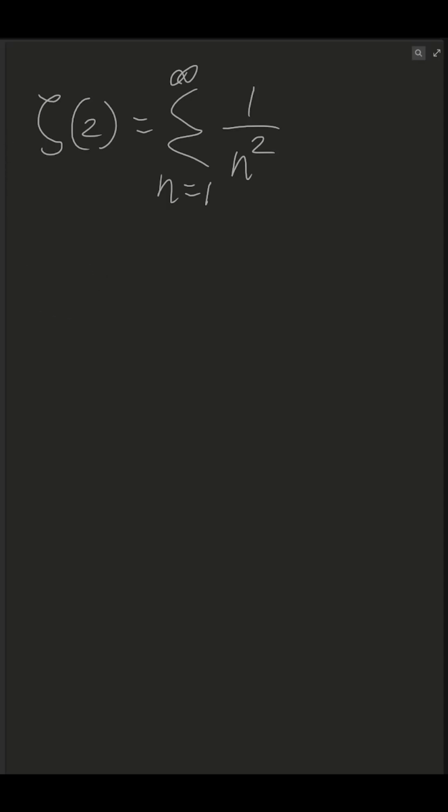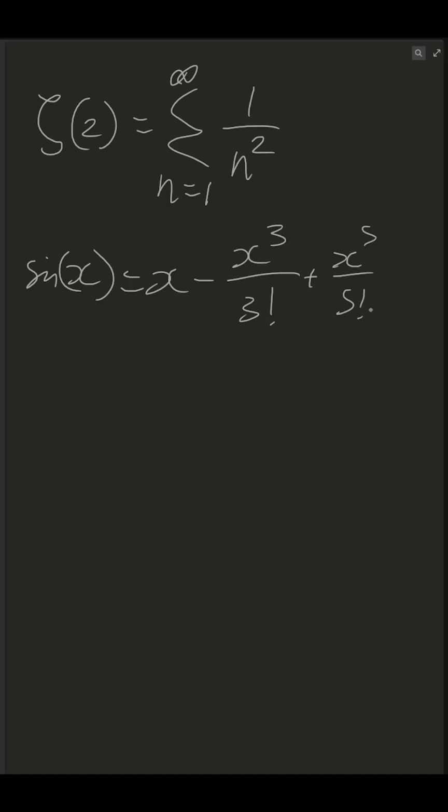Anyway, the first thing we'll begin with is the Taylor series. So we have a function. This will seem very out of the blue. It will make a lot of sense soon. So we have sine x, and considering the Taylor series expansion of this function, we get x minus x cubed over 3 factorial plus x to the 5 over 5 factorial minus dot dot dot.